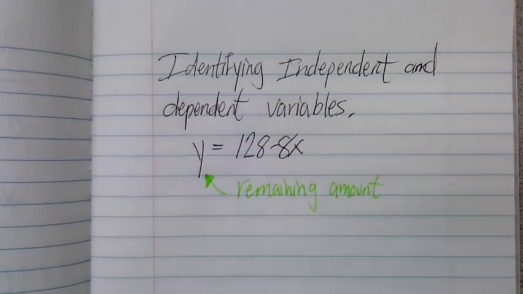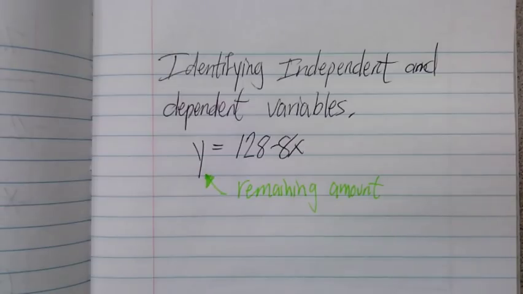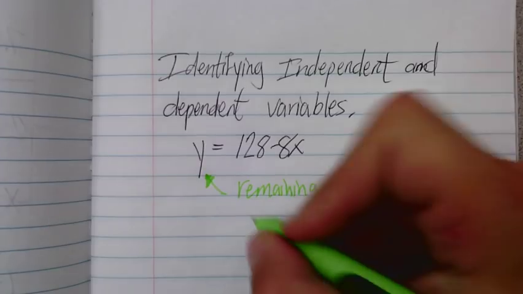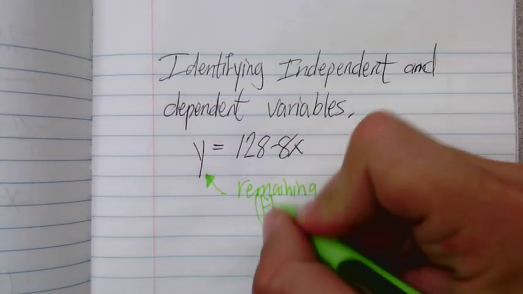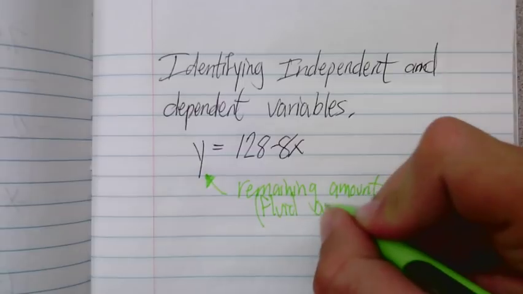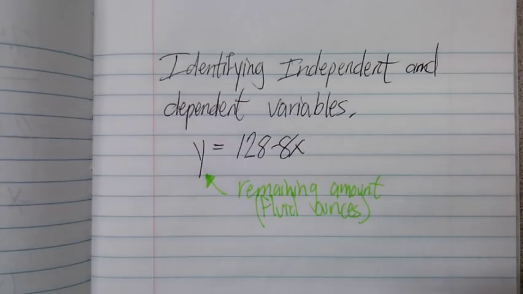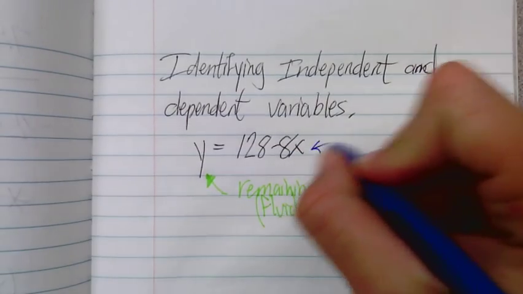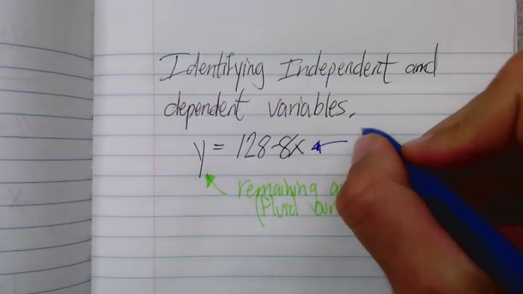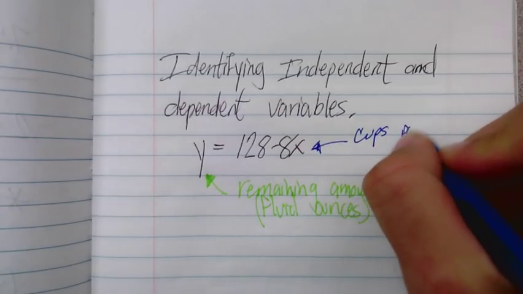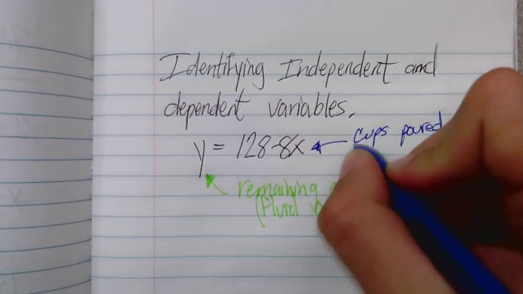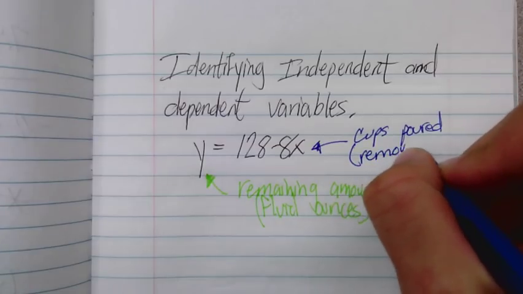and if it's in a remaining amount and it's in a milk jug, we're dealing with what type of unit, right? Fluid ounces. So it's fluid ounces remaining. Then the x would be the cups you pour, or you think about it, removed from gallon.